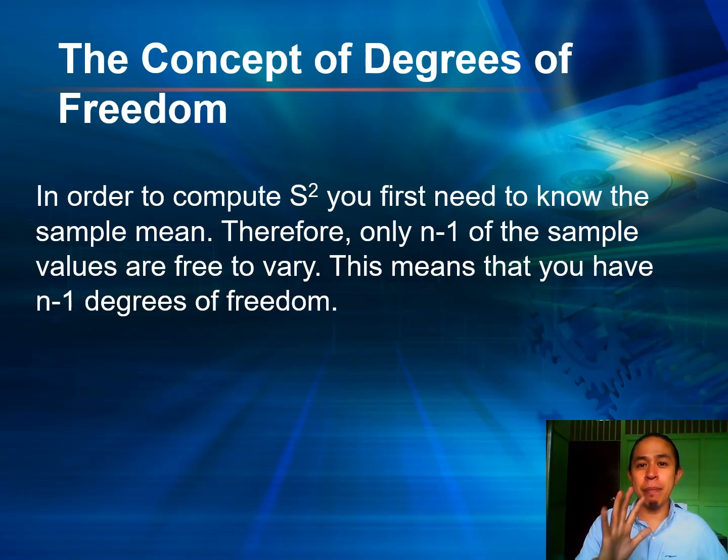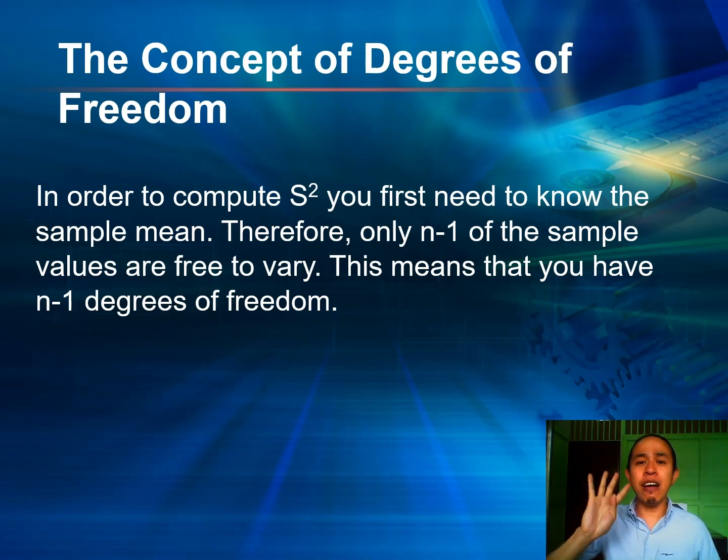So if we sum them up, the 5 samples should total 100 so that when divided by 5, the mean is 20. For these 5, our degrees of freedom is n minus 1. So our degrees of freedom here is 4.